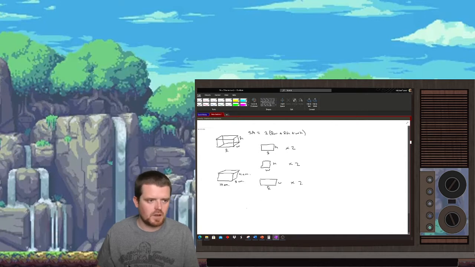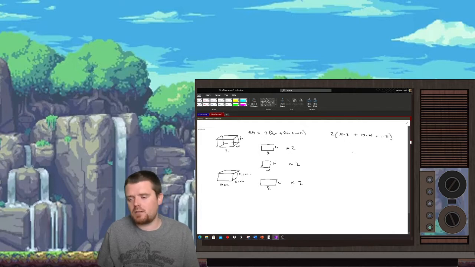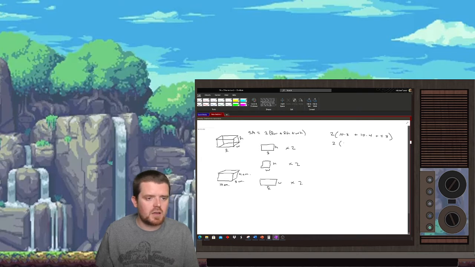To use the formula, this would be 2 times length times width, so 10 times 3, plus length times height, which would be 10 times 4, plus width times height, which would be 4 times 3. With the commutative property, you can interchange some of those a little bit, but this would end up being 2 times 10 times 3, plus 10 times 4, plus 4 times 3.